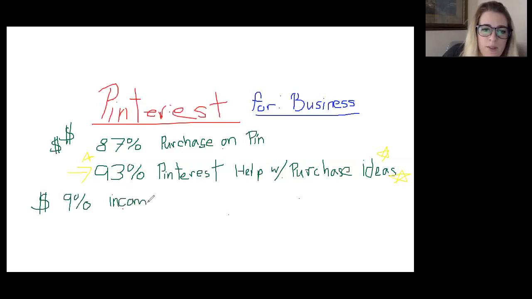Pinterest and Facebook are two of the biggest social media sites that people are using, especially for business. But on Pinterest, there's a 9% higher income level, and the average purchase from Facebook is $50, whereas on Pinterest it's $58 in the average shopping cart, which means that on average people spend more money.